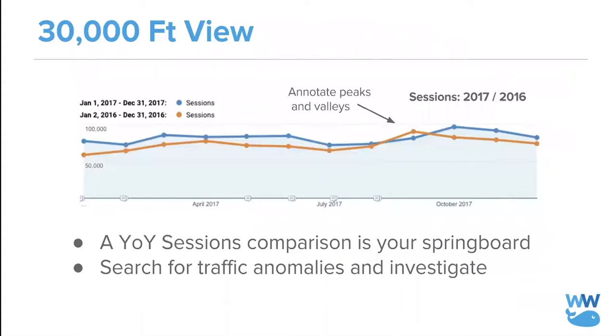And just as a side note, in presenting this data to maybe your board or other members of your team, we like to include a date range, and then highlight what metric we're comparing on the slide. You can see it right here, sessions, and then we give 2017 over 2016.